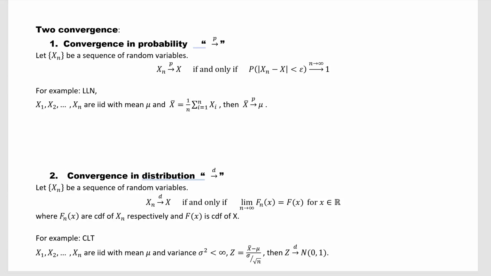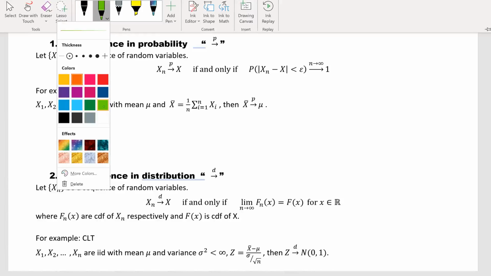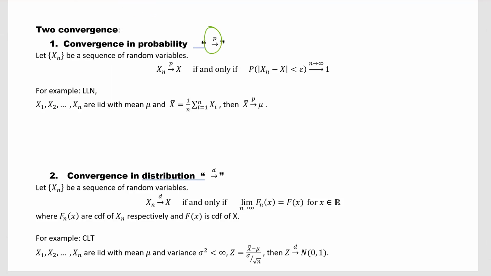What is convergence in probability? We denote it by an arrow with a little p on top.